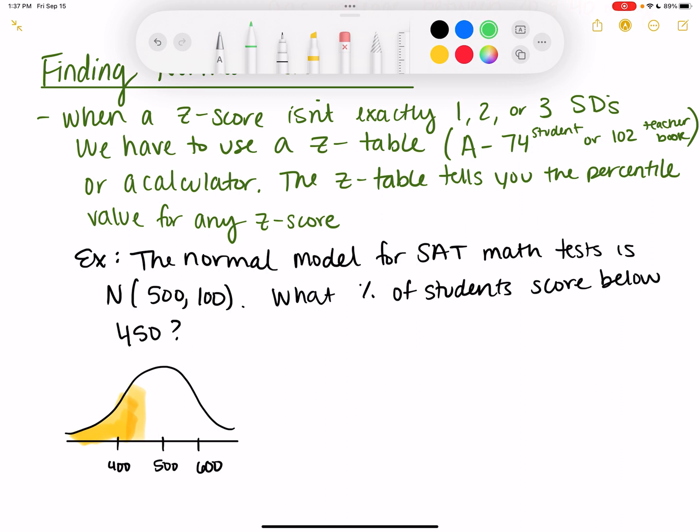To find the z-score, we would have 450, so that's the actual value, minus 500, the average, divided by the standard deviation, which is 100. And that's going to be minus 0.5.